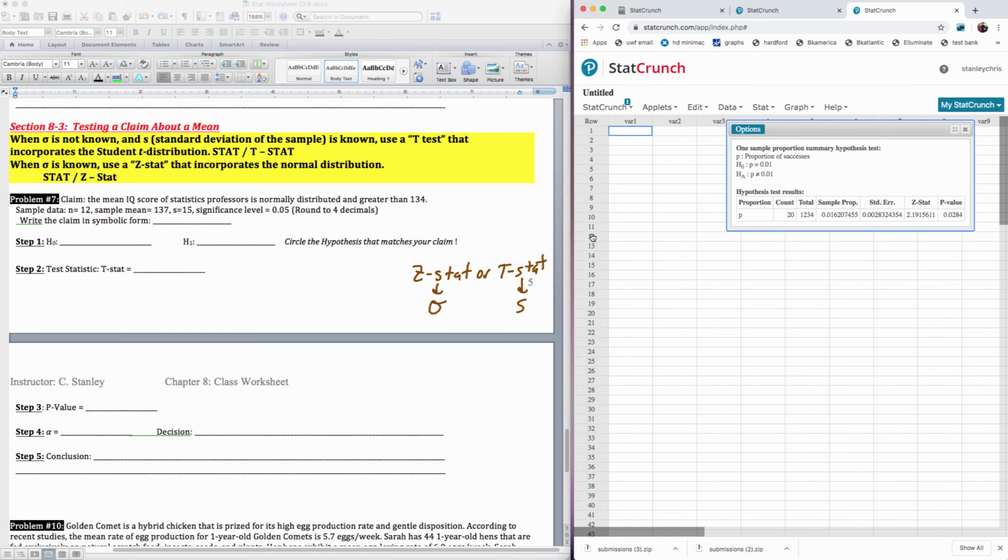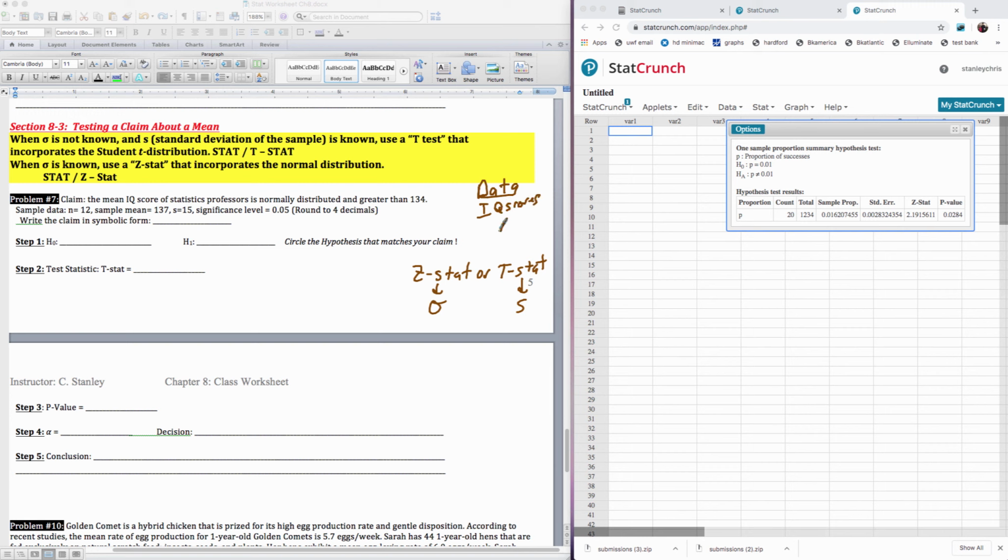Okay, so let's read this question. The mean IQ score for stats professors is normally distributed, greater than 134. They have n equals 12, mean is 137, and s is equal to 15. So I'm always trying to figure out, hey, what was the data collected? In this case, the data was IQ scores.